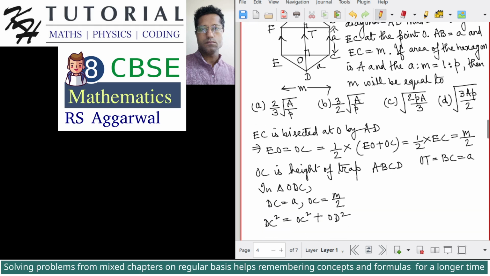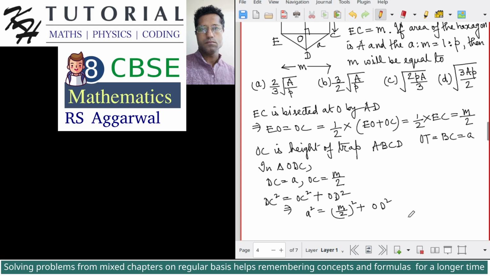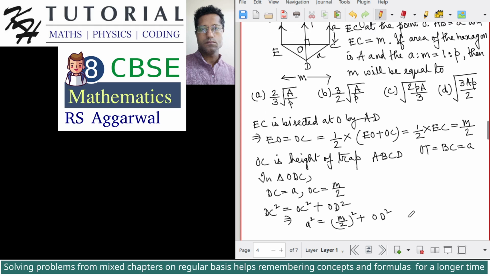I can find DC square. Let's say DC is A, so we will have A square is equal to OC square, OC is M by 2, so M by 2 square plus OD square. From here I can easily find OD in terms of A and M, but that will be a little complicated.